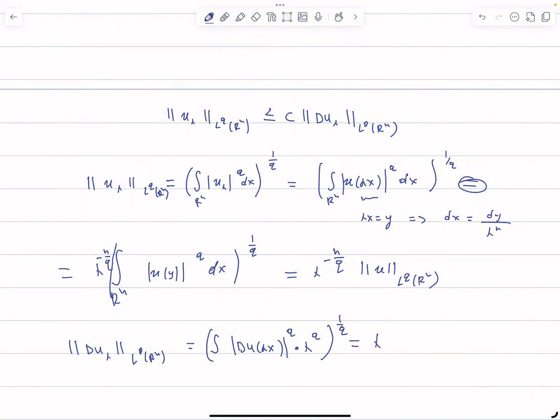This becomes lambda times the integral of |Du(lambda x)|^p dx, to the power 1 over p.